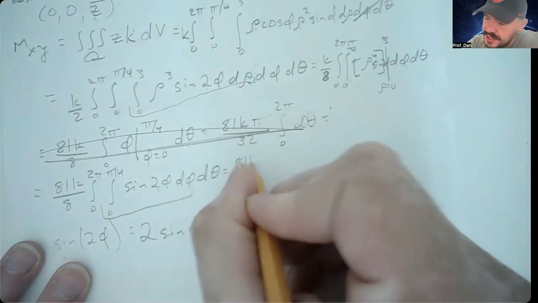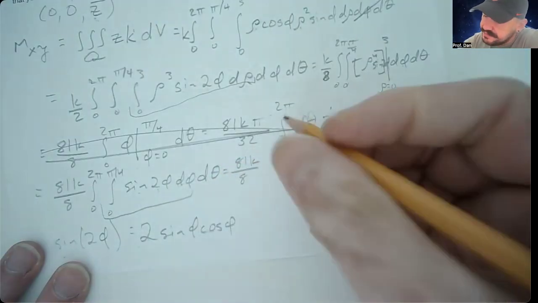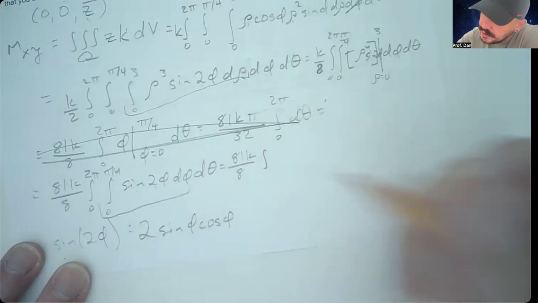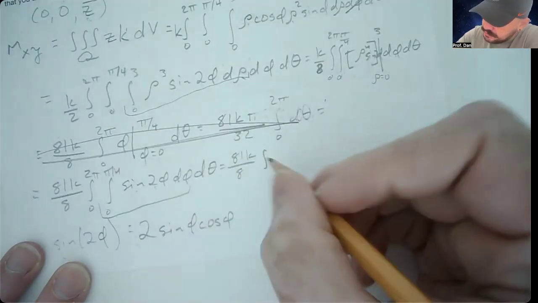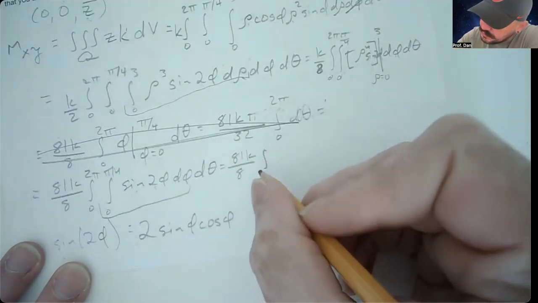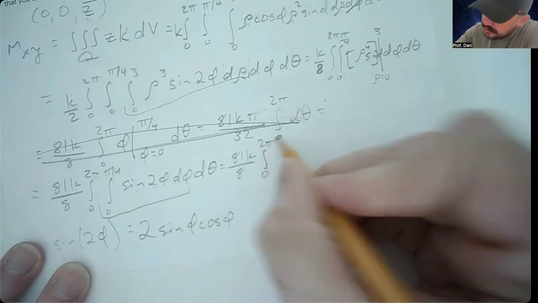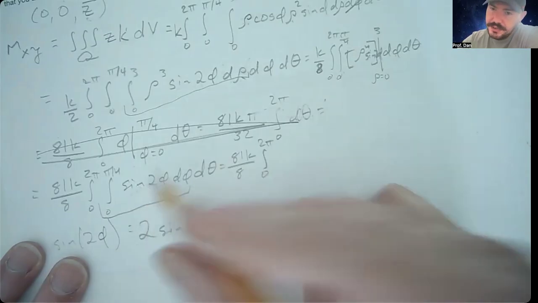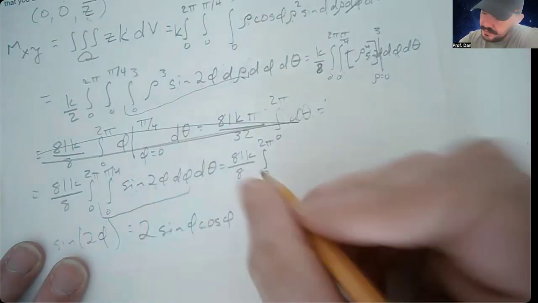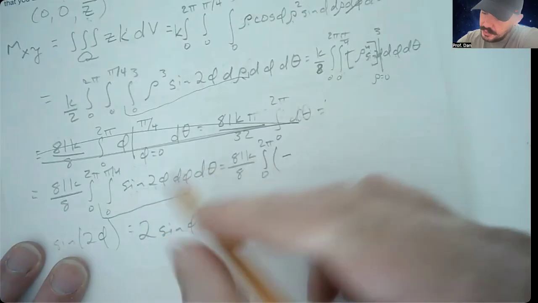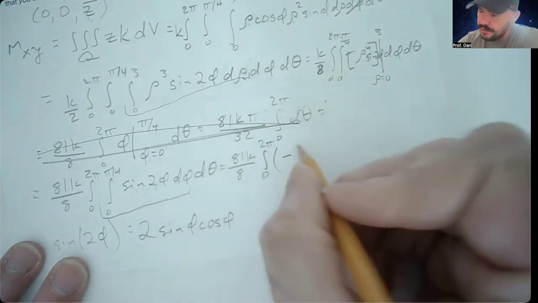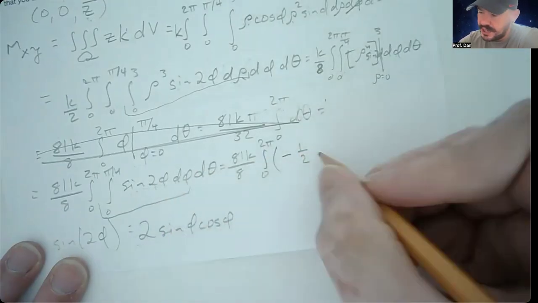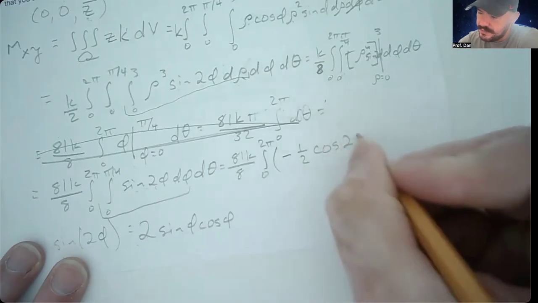So we get 81k over 8 times the integral from 0 to 2 pi. All right, and then here we know that the antiderivative of sine is negative cosine. And because I have a coefficient of 2, I'm going to have 1/2 cosine of 2 phi.